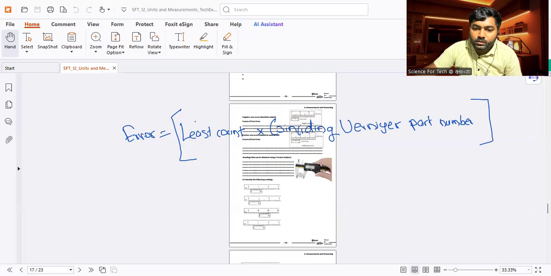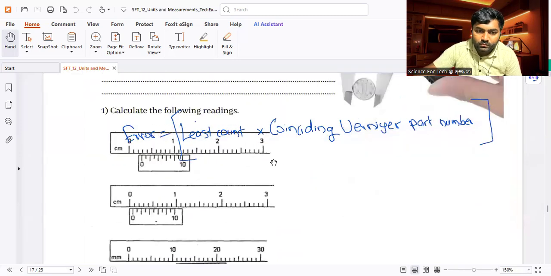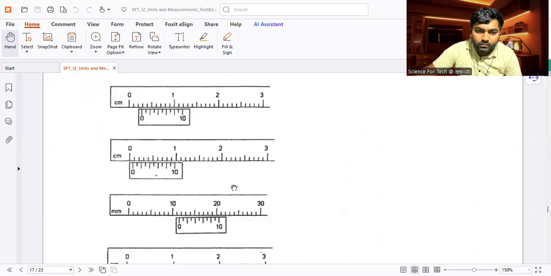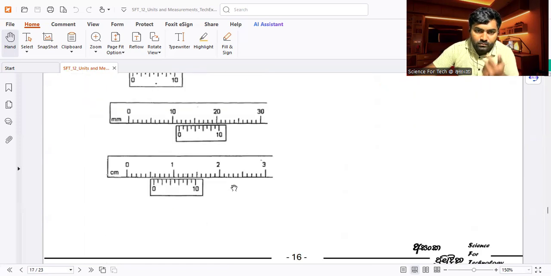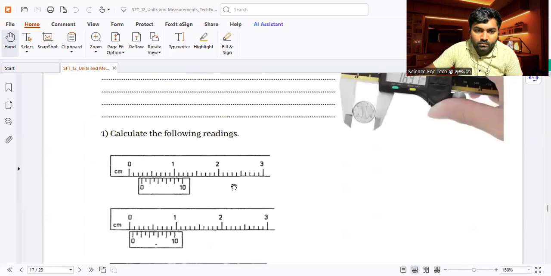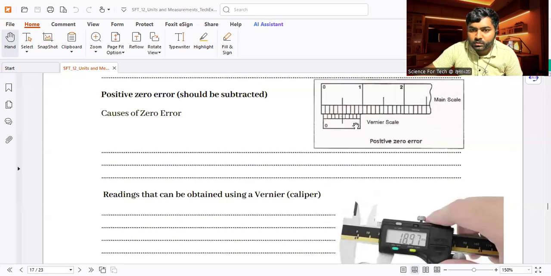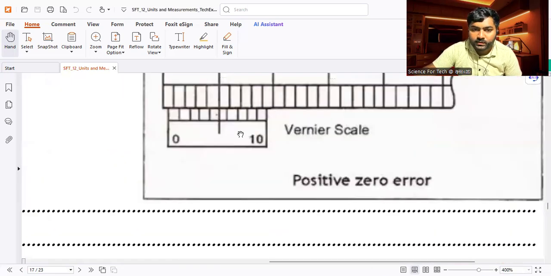I will take this as the example. When you are getting the error, you have to only observe the vernier scale.